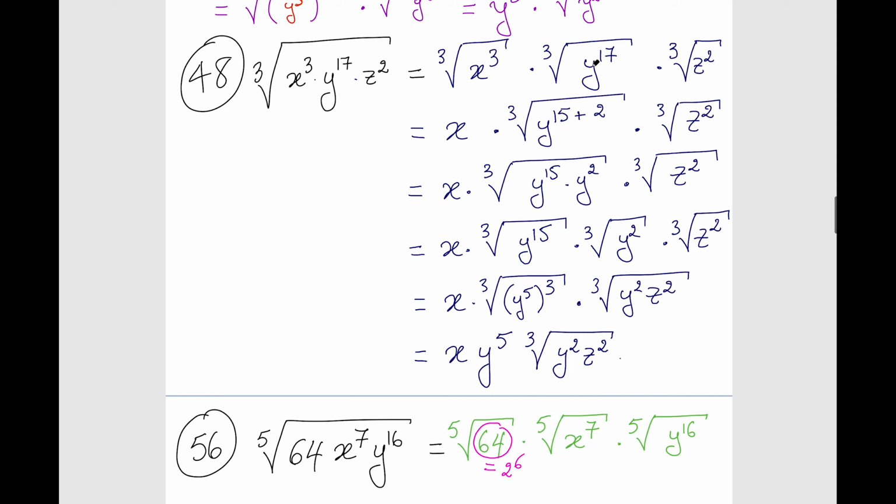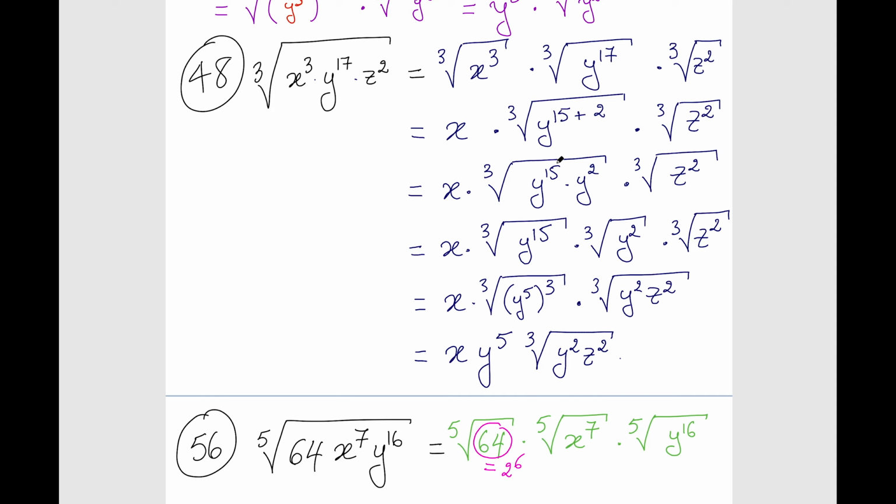So what you're doing is dividing 17 by 3, right? If you divide 17 by 3, then the quotient is 5, right? So 5 times 3, which is 15, plus 2. Okay. And then you split them up.